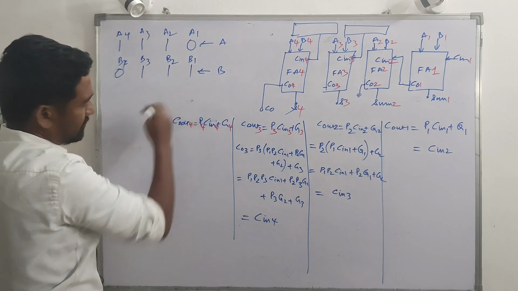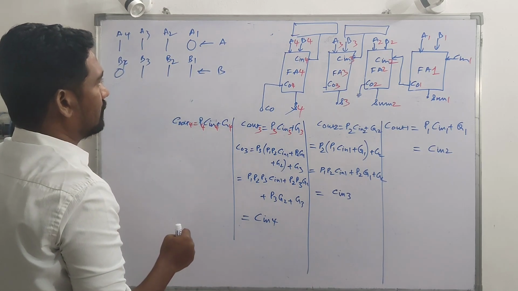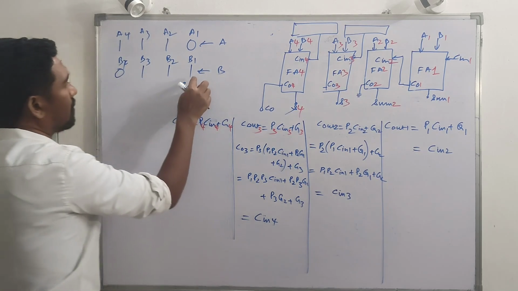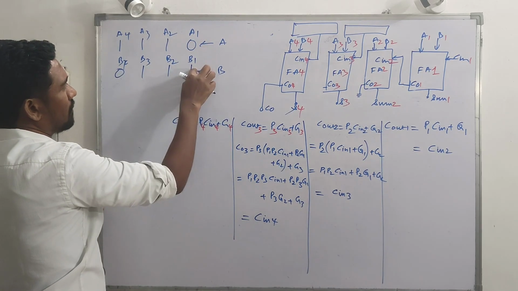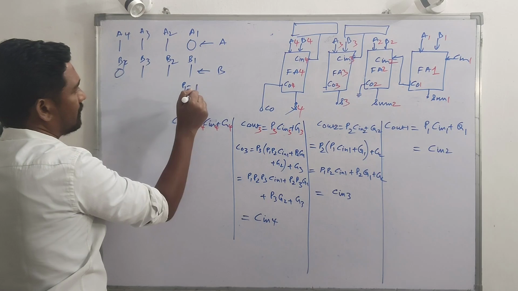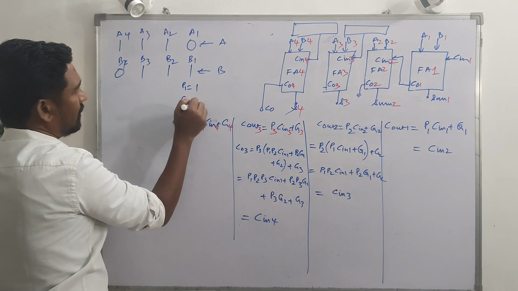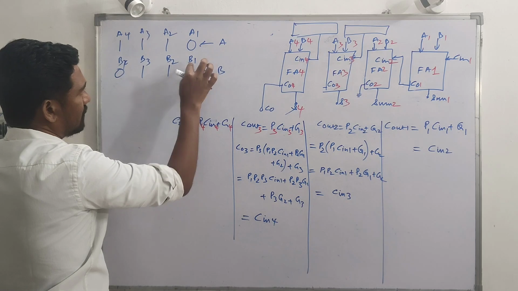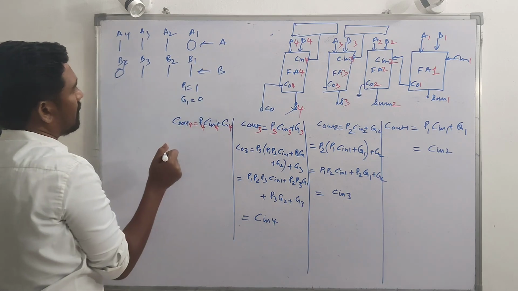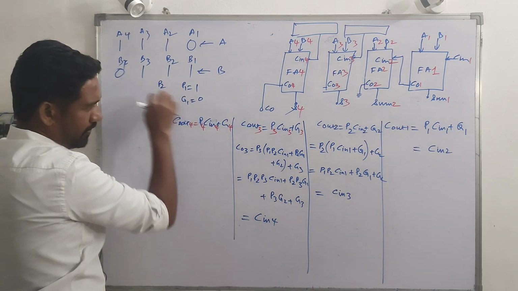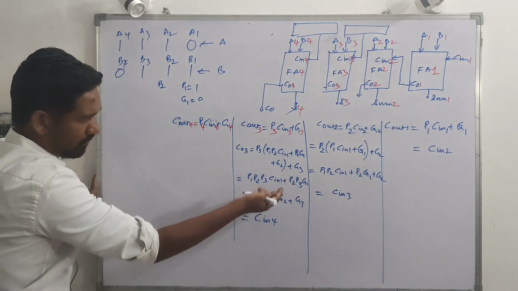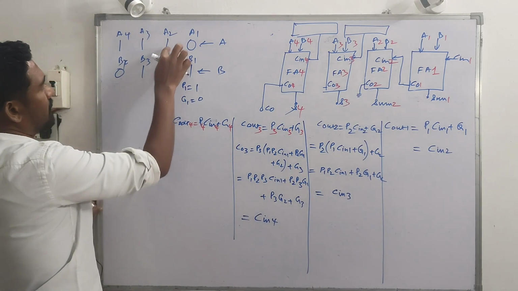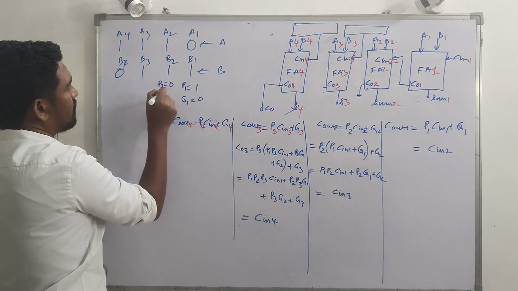Let me write that here itself. So P1 is the exclusive OR operation between these two, 1 and 0, that will be 1, and G1 is the AND operation between 0 and 1, it's a 0. Once again, P2, we need P1, P2, P3, all that, to plug in and get the result straight away. P2 is the exclusive OR between 1 and 1, that will be 0.